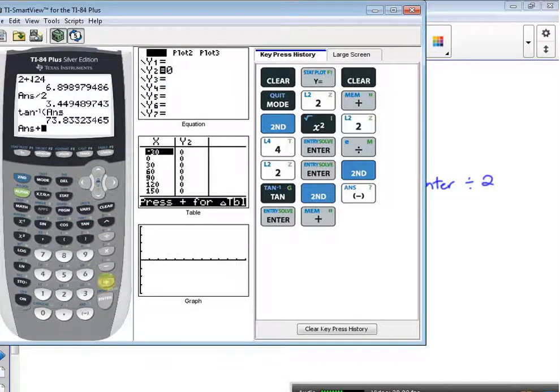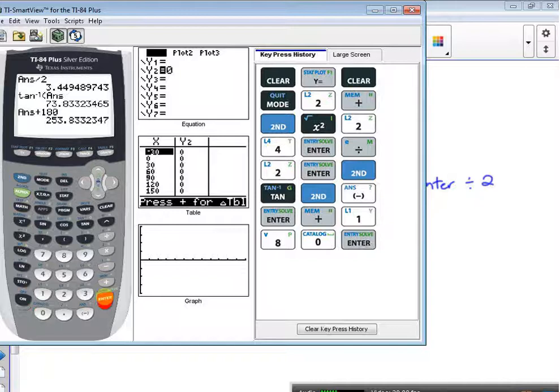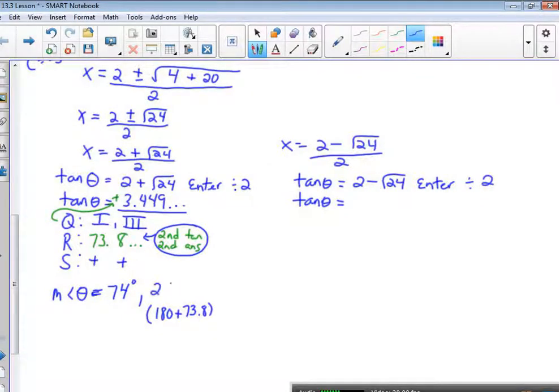So I'm just going to do plus 180, and I get 253.8. So that's 254. So that's the answer on that side. Now on the right-hand side, I have to finish that. So this is part of my answer.